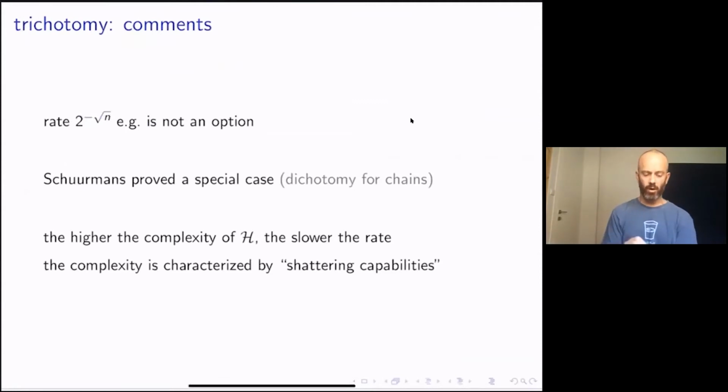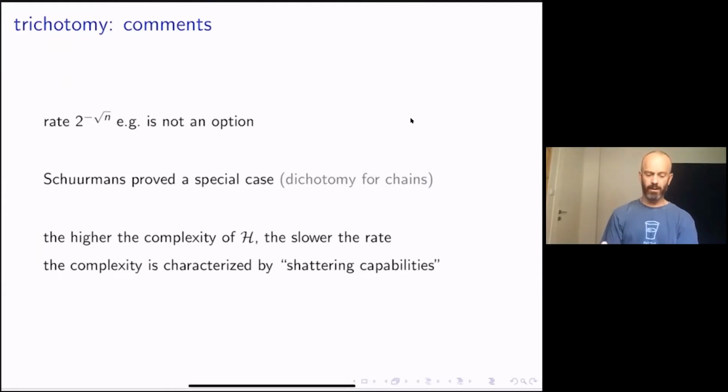A second comment is that Schuman, in the paper I mentioned before, proved a version of this, which is a dichotomy for a very specific type of class H, which are chains. So it's a very, very specific case of what I explained.